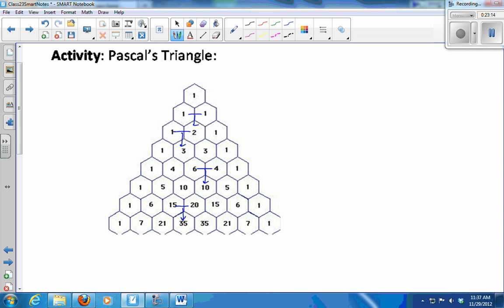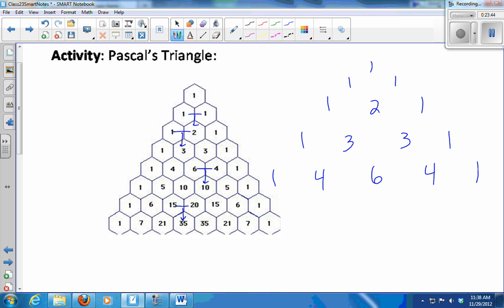So this is Pascal's triangle. That's how you build it. You start out with 3 ones, right? And then each number you put in the triangle is the sum of the two numbers above it, and you always keep ones on the outside. So here you have 1 and 1, it's 2, and you keep ones on the outside. 1 and 2 is 3, 2 and 1 is 3, keep ones on the outside. 1 and 3 is 4, 3 and 3 is 6, 3 and 1 is 4, and keep ones on the outside.